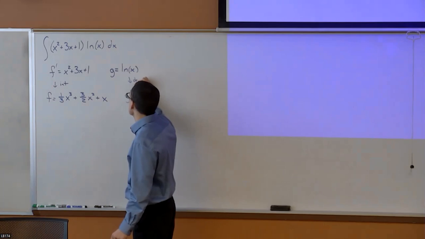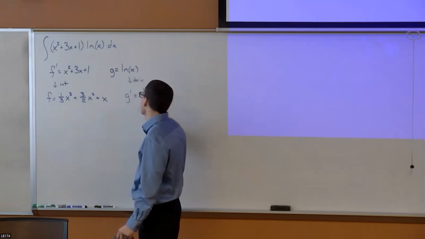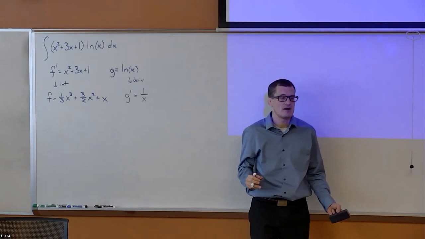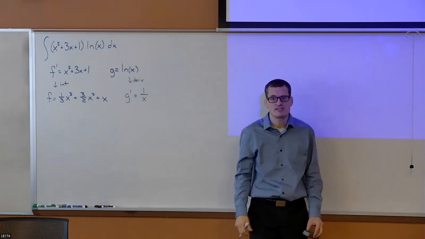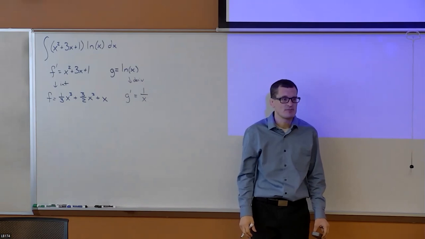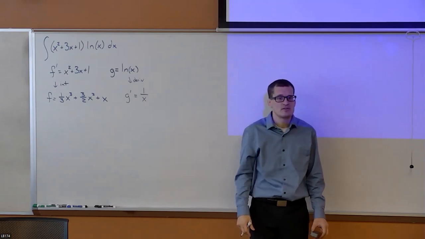And then we have to take a derivative of my natural log. Now, here's the nice thing about a derivative of natural log. Derivative of natural log is 1/x. And that's really nice to have to multiply polynomials with.